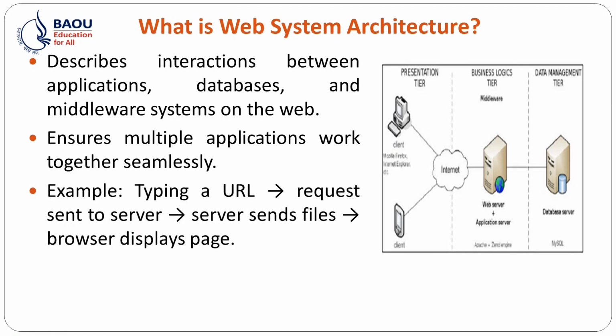For example, if you type a URL like www.google.com, a request is sent to the Google server, and then the server sends the file. The person is searching for google.com, so the server will render a page like google.com. Then you have the Google homepage.